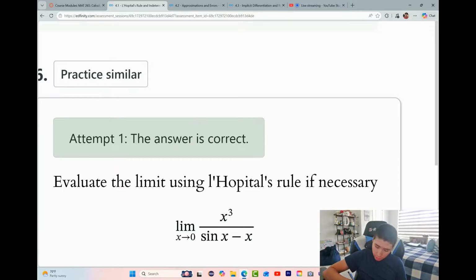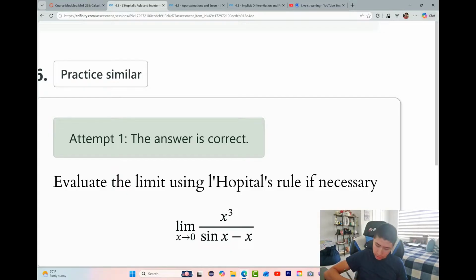So it looks like we've got to apply the rule, apply the derivative to both sides. d/dx of x to the power of 3 over d/dx of sine of x minus x. The derivative of x to the power of 3 is 3x squared, and the derivative of sine of x minus x with respect to x is cosine of x minus 1.